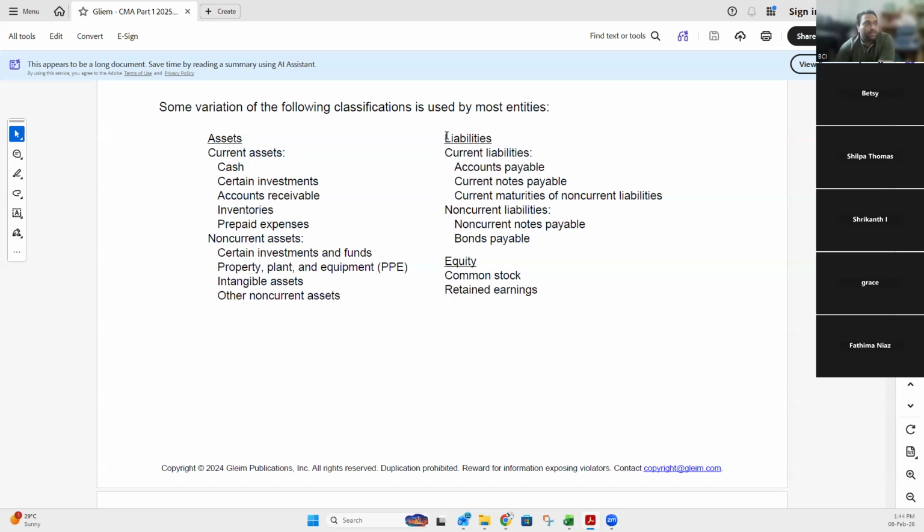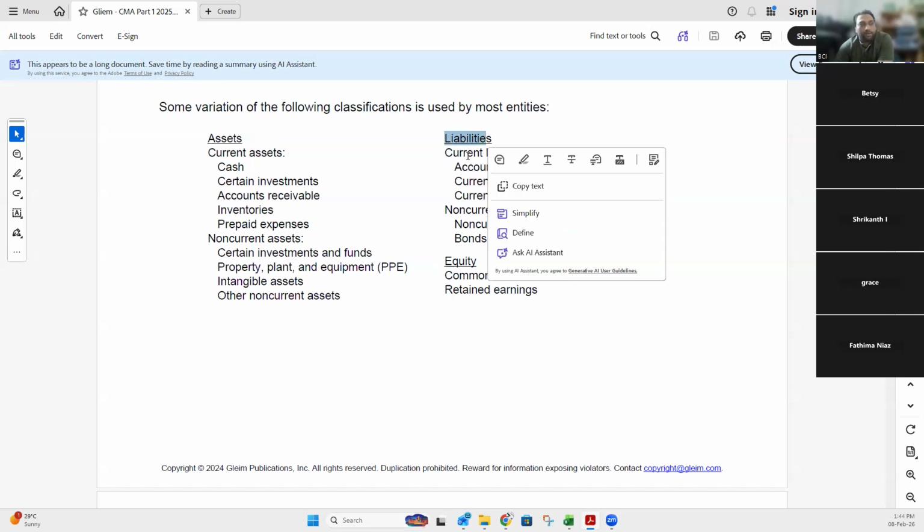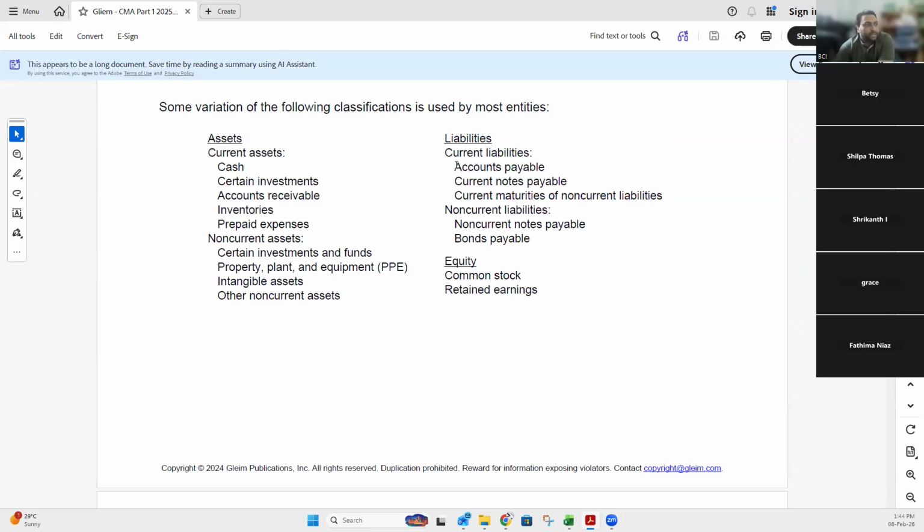Then coming to the liability side, we have current liabilities and non-current liabilities. Current liabilities are accounts payable, then current notes payable, then current maturity of non-current liabilities. Have you heard this? Any of you not familiar with this? Hello, you can speak up.